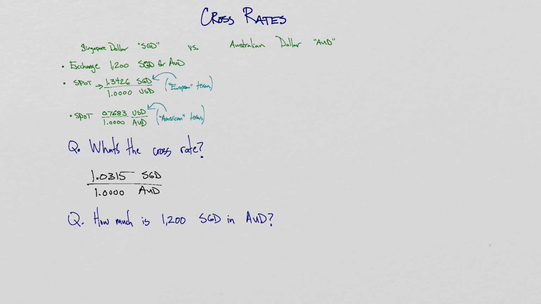Since one Singapore dollar is larger in value than a single Australian dollar, I know if I'm going to go from 1 Singapore dollar to Australian dollars, this number should also be smaller. To make that happen, I'm going to divide by that exchange rate of 1.0315 Singapore dollars to the Australian one.